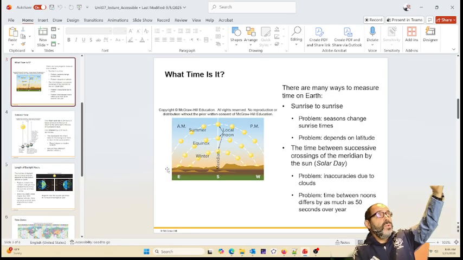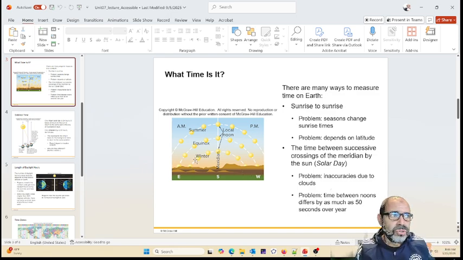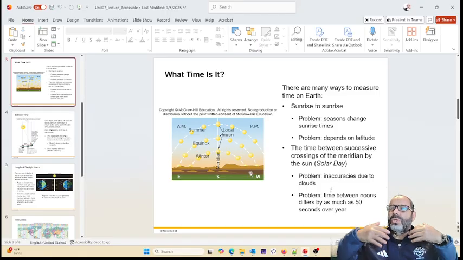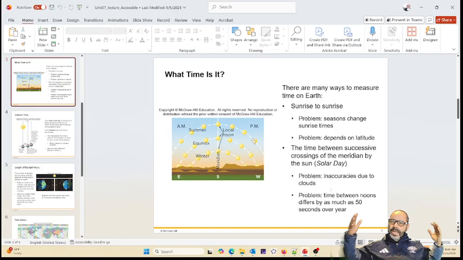In the winter it starts low, rises to noon, and then immediately goes back. So there is less of a curve for the sun, less daytime, less exposure to the sun, versus in the summer where there is more exposure to the sun, so the daylight extends.